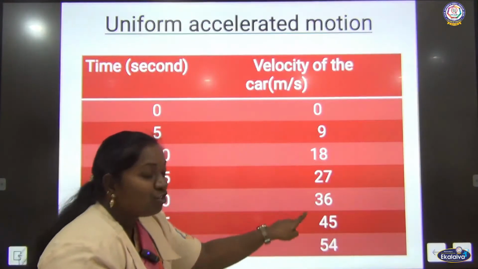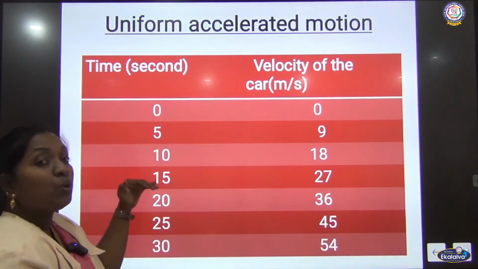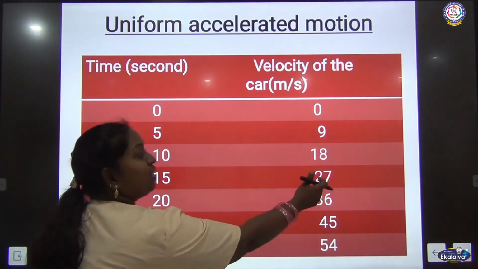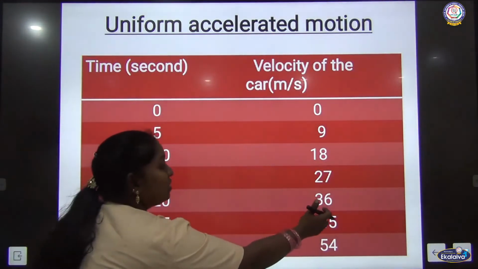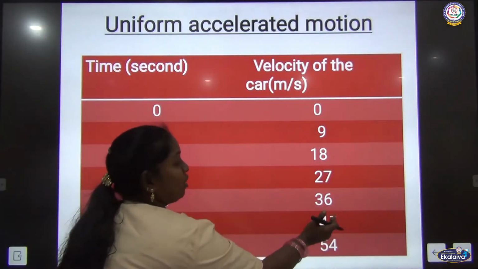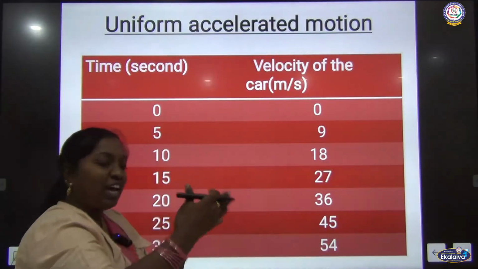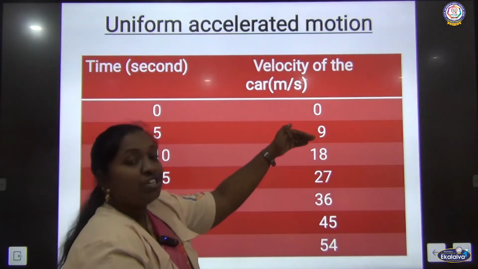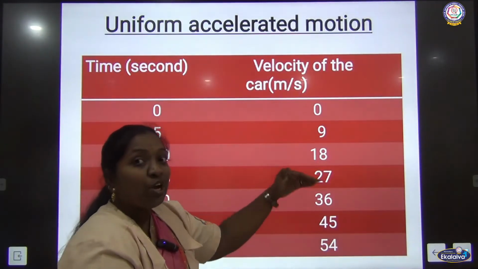Here there is a change in the velocity, but see, it is changing equally. At 15 seconds it is 27. At 20 seconds, 36. For 25 seconds, 45 meter per second. At 30 seconds, 54. So equal time intervals are given, and the amount of change in velocity is also equal.